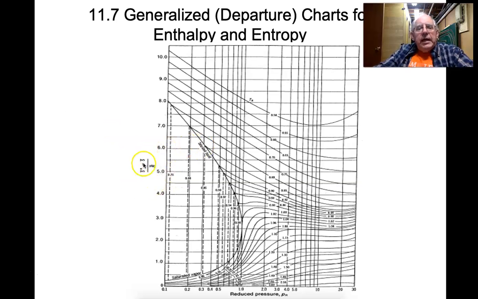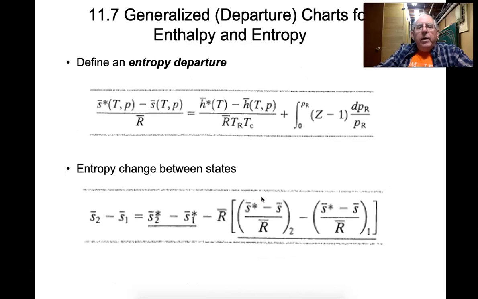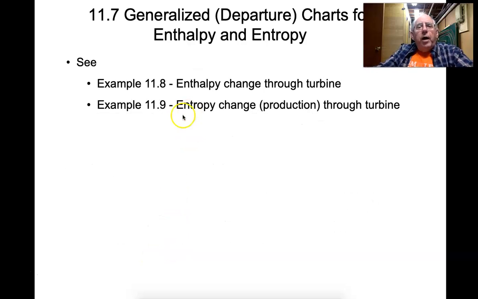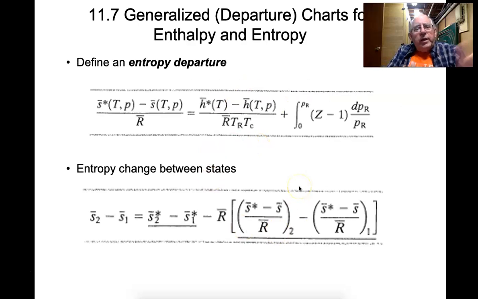And so what happens then is we can come back up here and say, okay, let's say we were doing this problem here, entropy change through the turbine. Once we went from the incoming to the outgoing condition, we wanted to know the change in the entropy. And the change in the entropy would be given by the ideal gas change, and that would just be related to change in temperature, change in pressure, a lot of those equations that we saw earlier in chapter 6.